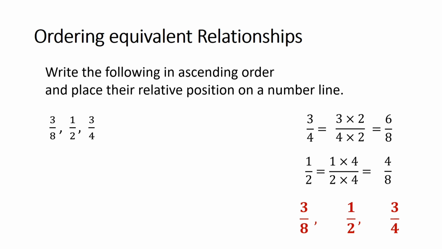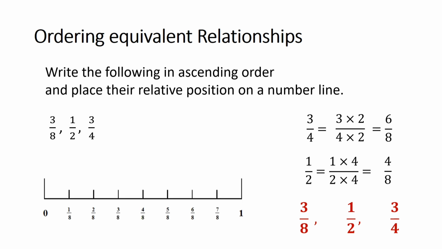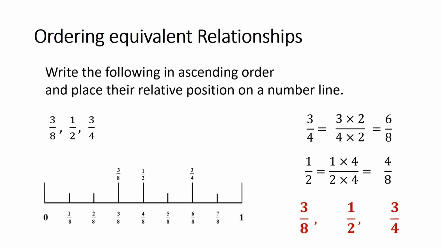Doing this will help the students to discover easily how these numbers are written on the number line. If this is the whole, 0 to 1, the teacher would segment it into 8ths like this, and the students will insert the given numbers expressed in ascending order on the number line like this.